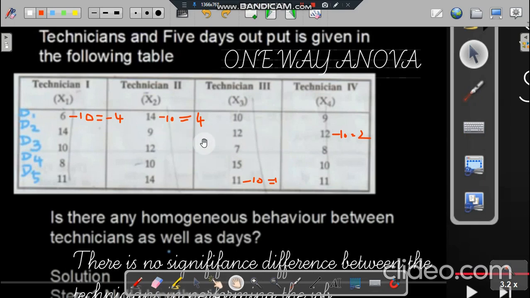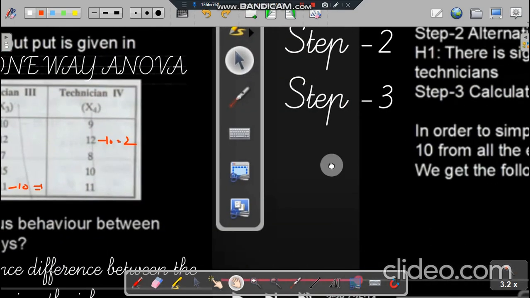Now this is a problem given to us. One-way ANOVA we are doing. One-way ANOVA means column wise only we are taking into account here. 4 technicians, we have to check 4 technicians and their output in 5 days are given. Our aim is whether the 4 technicians are equally likely doing their job, performing equally. That's what we are checking here.